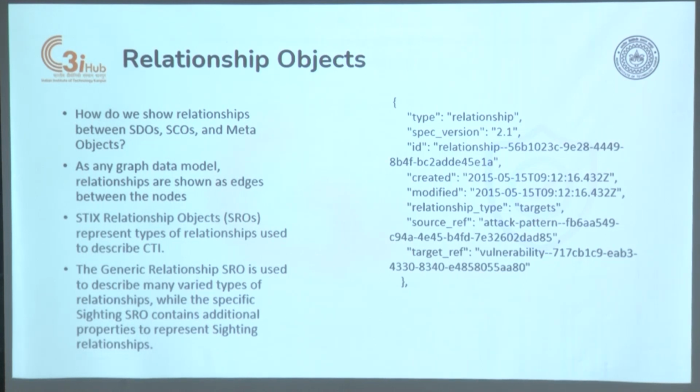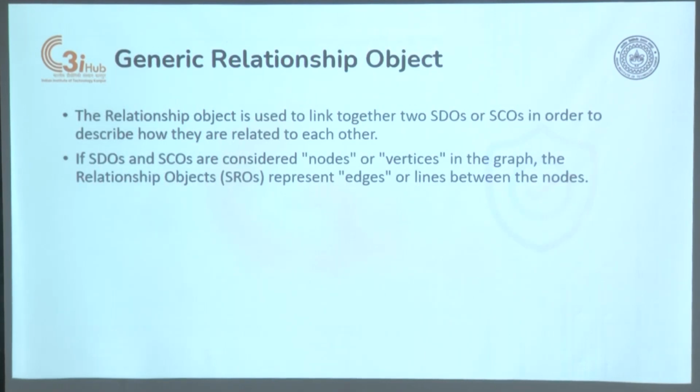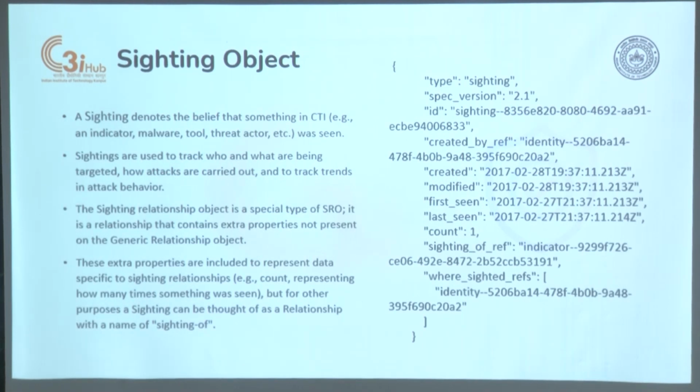So this kind of relationship can be described. So SDOs and SCOs are nodes or vertices in the graph, and the SROs, the relationship objects, represent edges or lines between the nodes. That is the graphical representation.